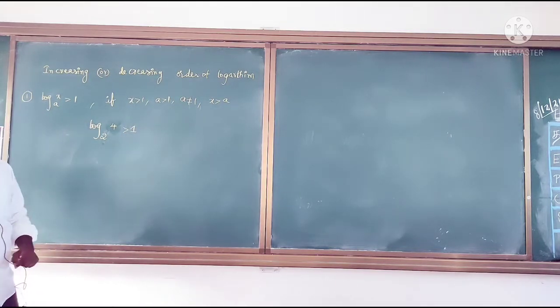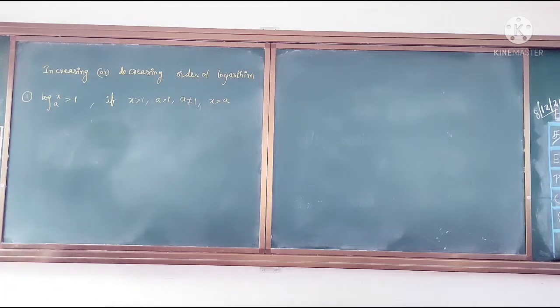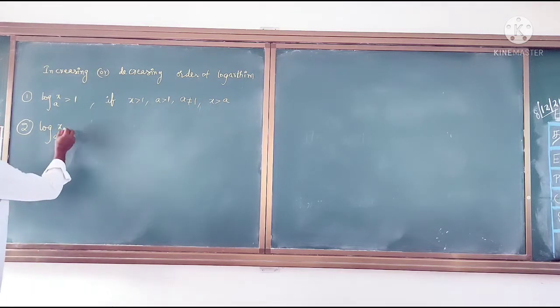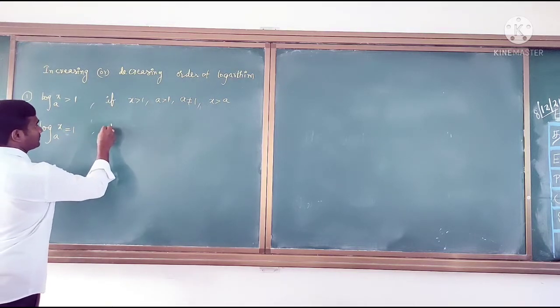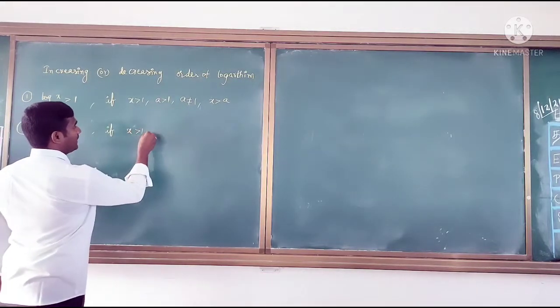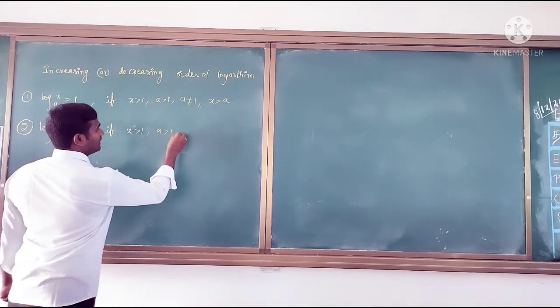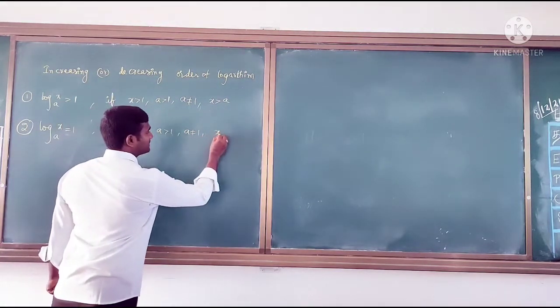Okay, next condition. Log x to the base a is equal to 1 if x is greater than 1 and a is greater than 1 and a not equal to 1, and here x is equal to a.